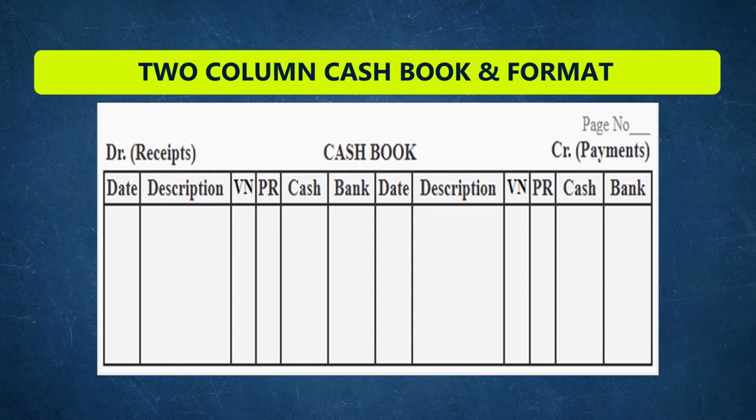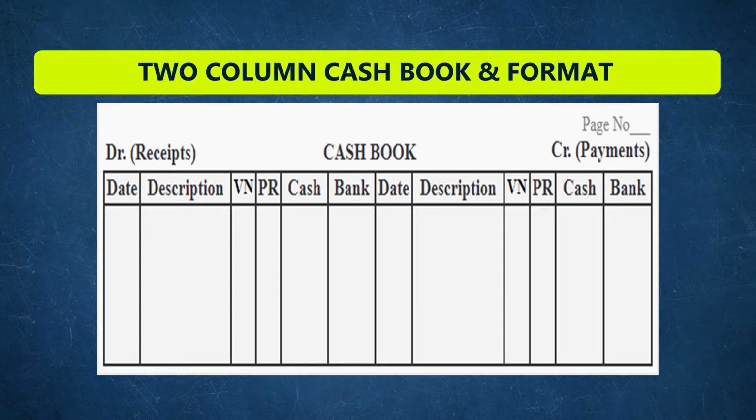because sometimes when the transactions are taking place with the help of the checks, in that case it becomes necessary to introduce the bank column in the debit side or in the credit side.